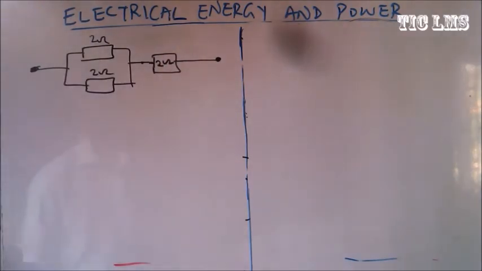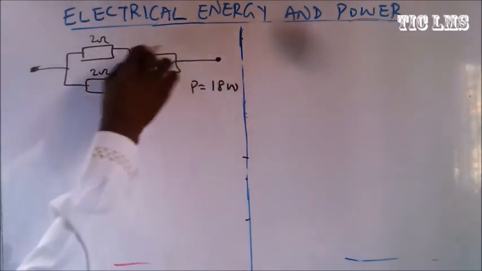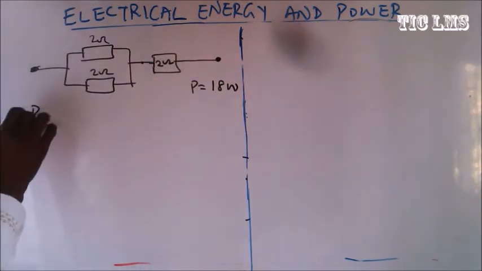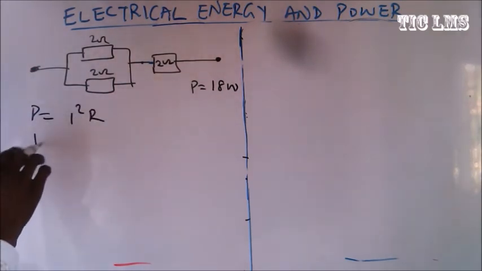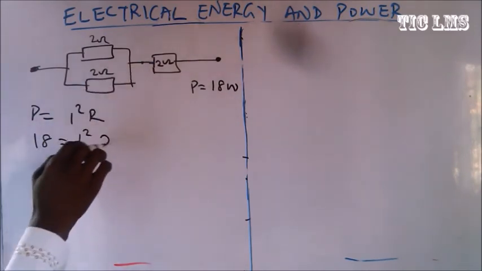So what we'll do is to find out the current that is flowing in this setup, and we'll use the parameters we're given, such as power, which is 18 watts in each of the 2 ohm resistors. So we have it that power equal to I squared R. Our power here is 18 and the current is I squared, then the R is 2.